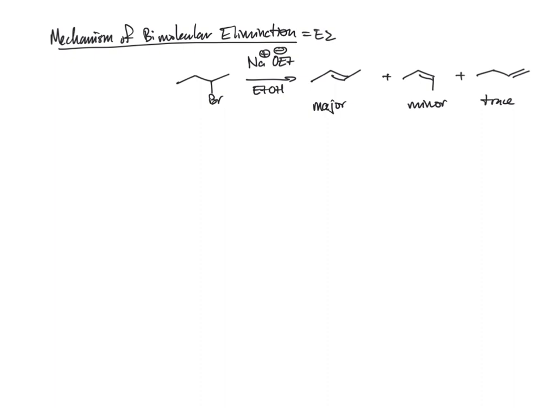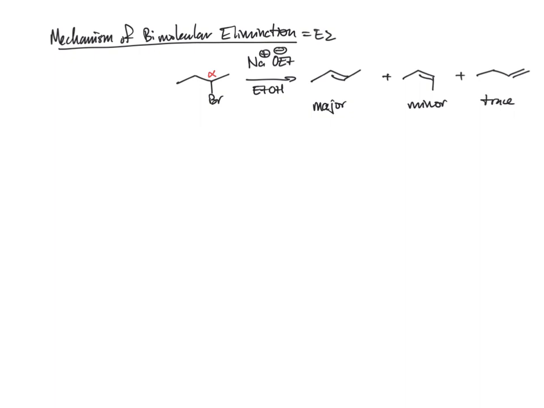So when we look at this substrate, the first thing you need to do is identify the carbon bearing the leaving group. And we want to call that the alpha carbon. And this is just strictly a convention to help us talk about how the mechanism of elimination proceeds.